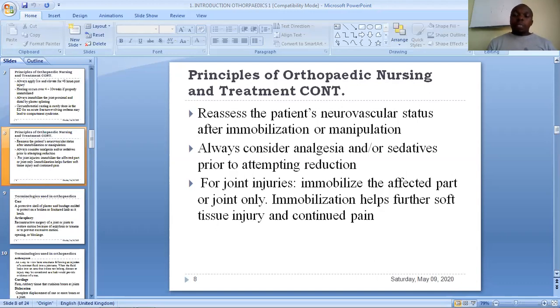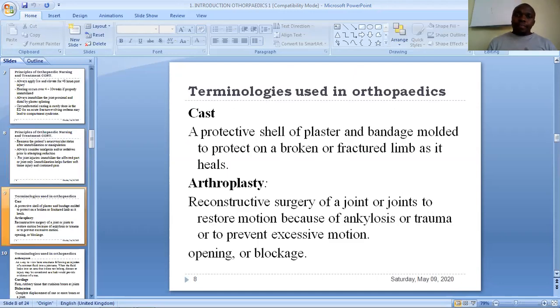That will help reduce the pain. Because if you don't do that, those bone fragments where it's broken will continue tearing the tissue on the affected part, and that will cause intense pain. So those were some of the principles that are used in orthopedics and orthopedics nursing.